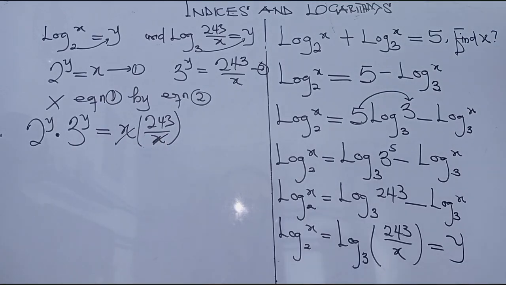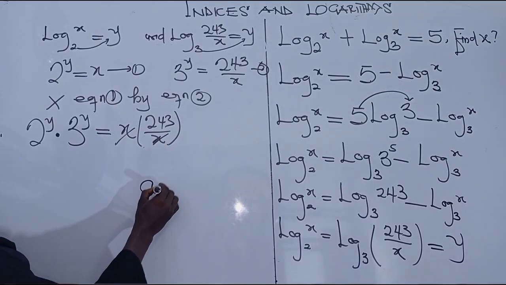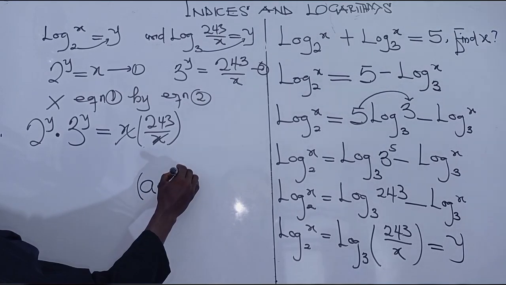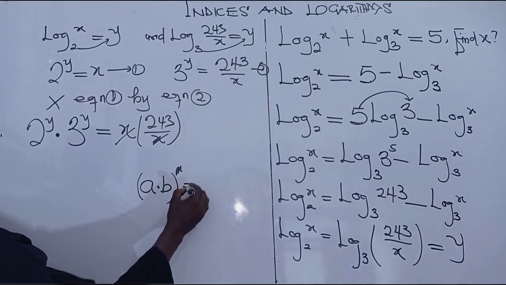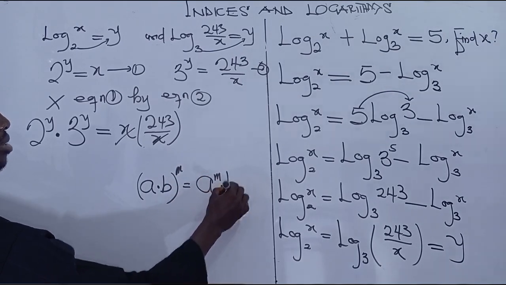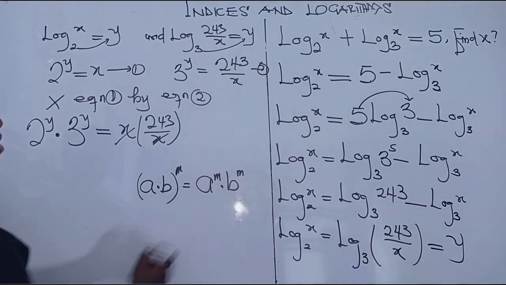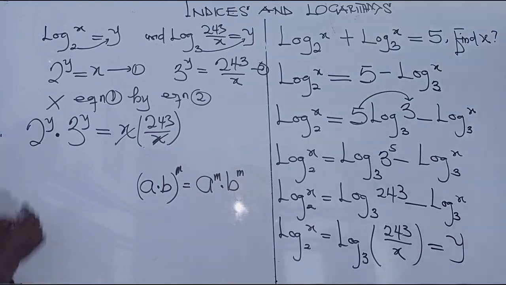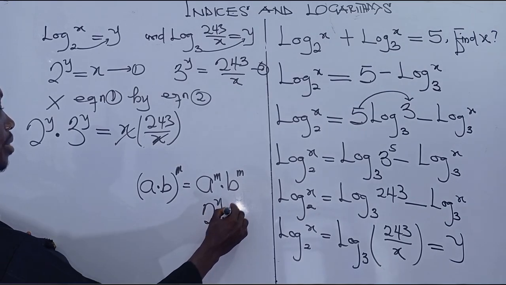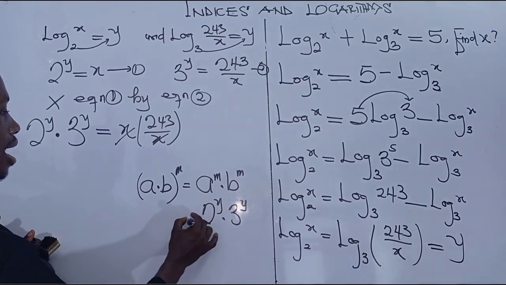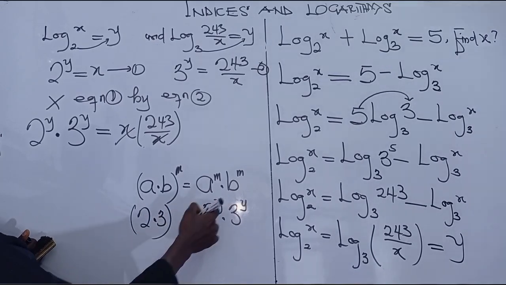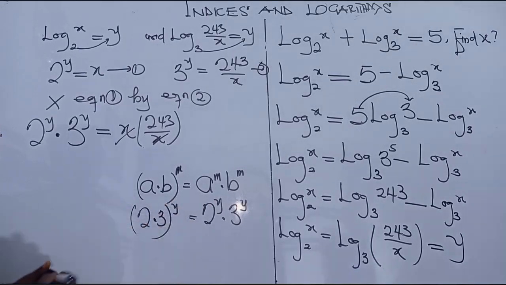In indices, we said that when you have a multiplying b, all raised to the power m, we can write it as a raised to the power m multiplying b raised to the power m. If that is the case, we can write 2 raised to the power y multiplying 3 raised to the power y as 2 multiplying 3, and then we pick one of the exponents, which is y.